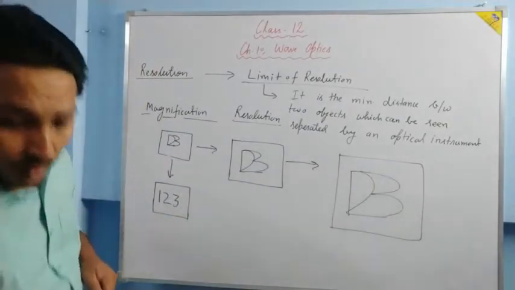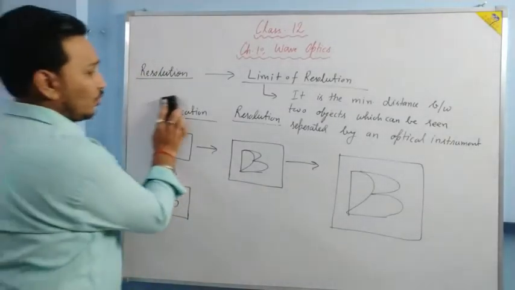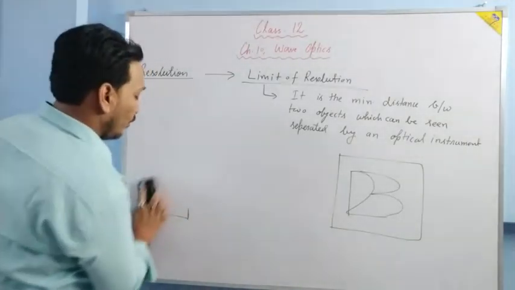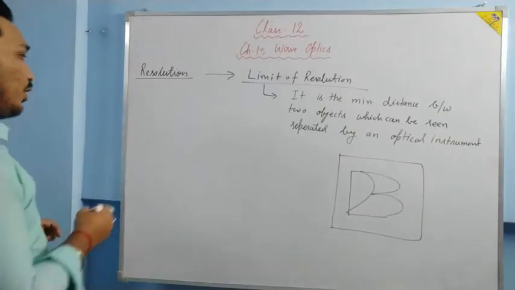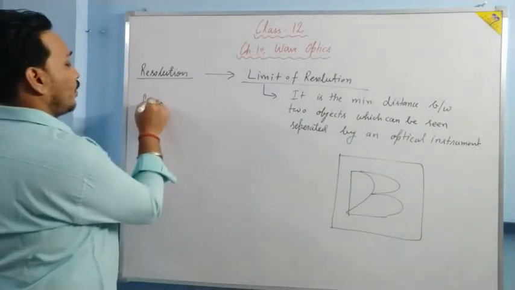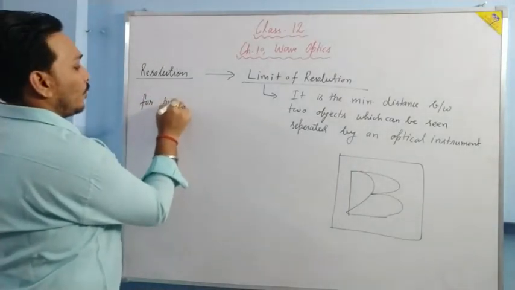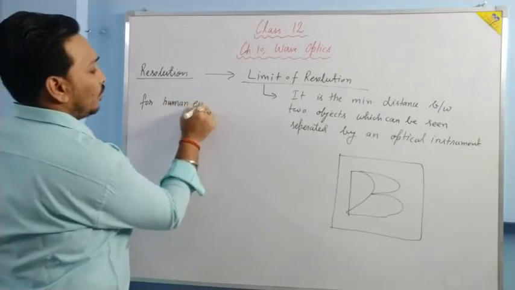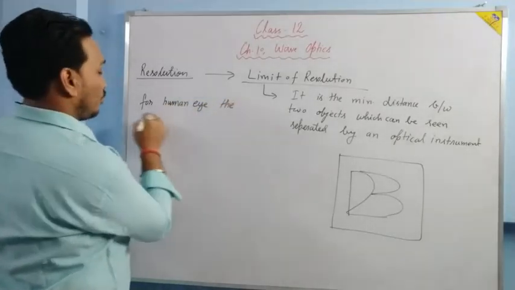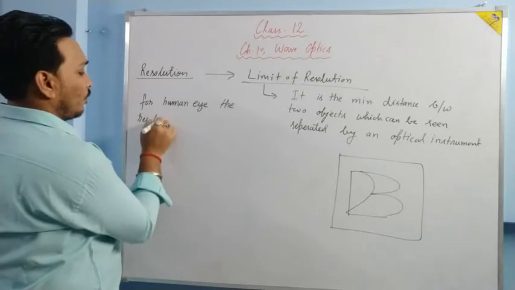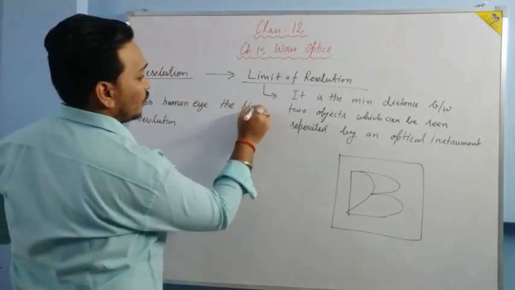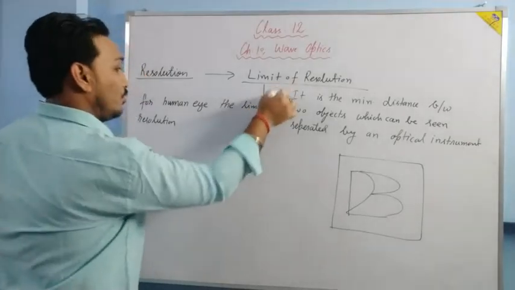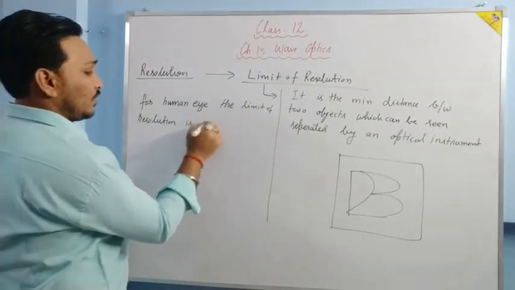Now, as the human eye is also an optical instrument, for the human eye the limit of resolution is 1 minute.